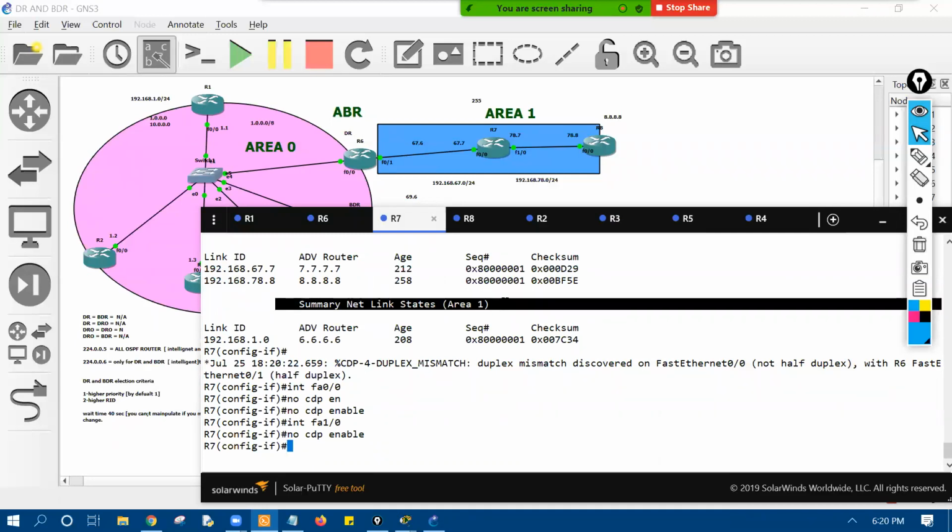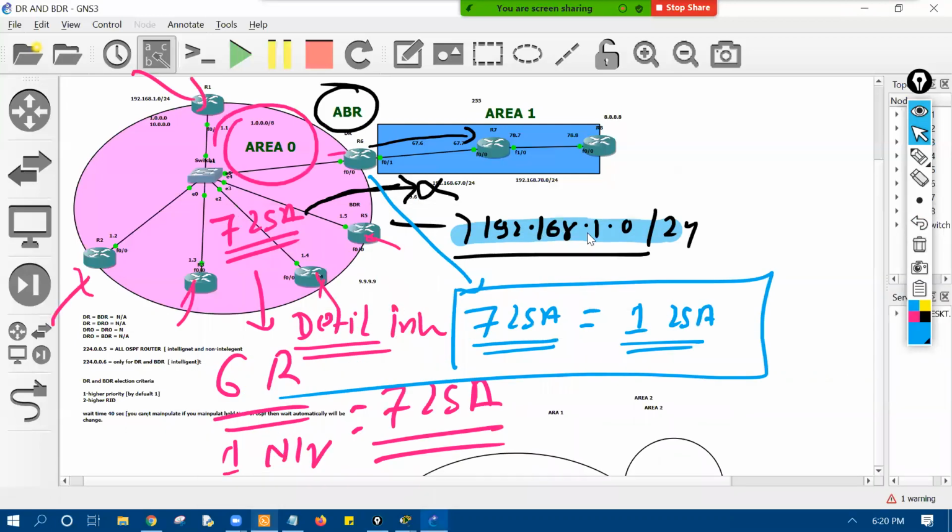You see that single summary LSA, and this summary LSA, as I told you, contains the information about network ID 1.0/24, right? So instead of sending the 7 LSAs, it is just going to send a single LSA, 1.0/24.